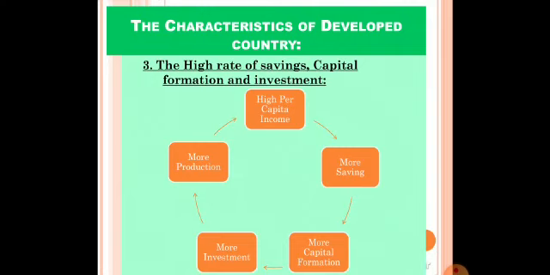If more capital is formed, then the country can invest more. More investment will ensure more production. Thus, more production will again ensure high per capita income of the people of that country, and the country will ensure development. That is, the country will be considered a developed country of the world.